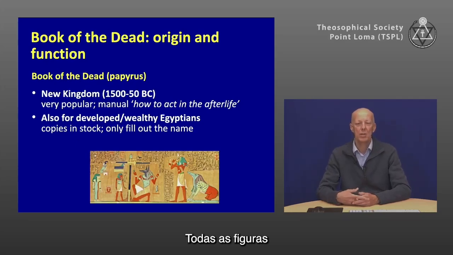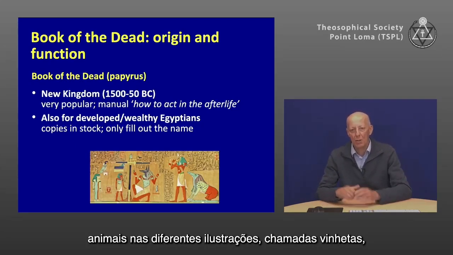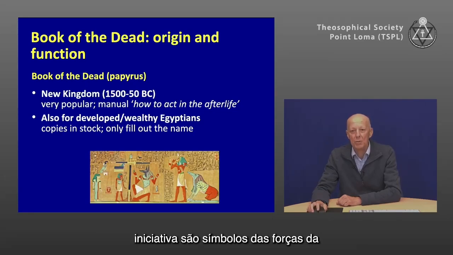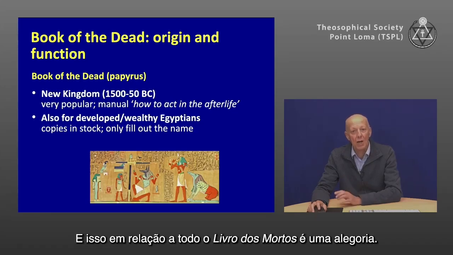All figures, objects and animals in the different plates, called vignettes, with as main figure the deceased or the initiate, are symbols for the forces in nature and for aspects of the human consciousness. In this regard, the whole Book of the Dead is an allegory.